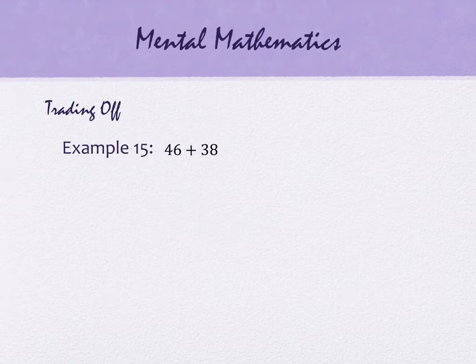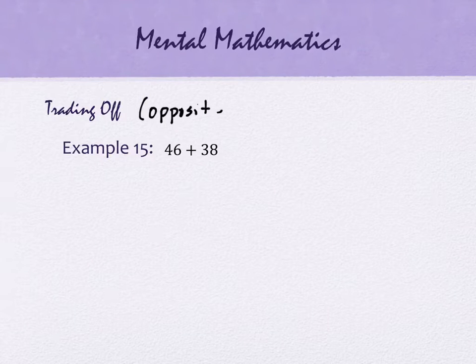Okay, we've encountered this one as well. It had a different name. This one was akin to our opposite change algorithm. So if you'll remember with opposite change, the goal is to try to get zeros in as many places as I can because zeros are nice to add with.